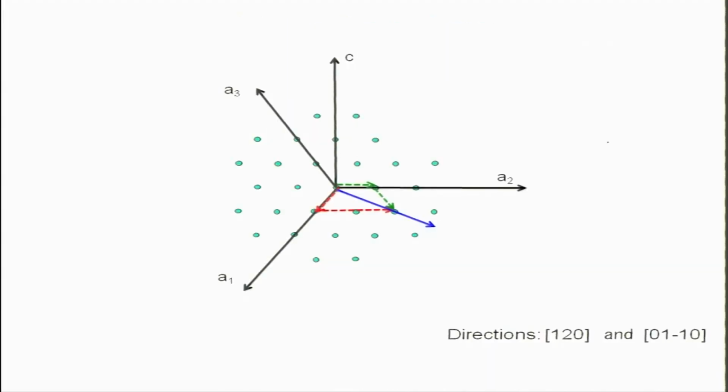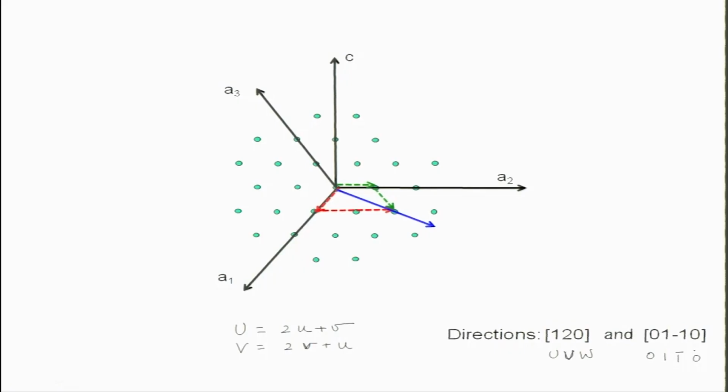So, 1 2 0 can be converted into 0 1 bar 1 0, because you know that capital U is equal to 2u plus v, capital V is equal to 2v plus u. So since these are capital U, capital V and capital W, you can determine small u, small v, small w, which will come out to be 0 1 bar 1 0.